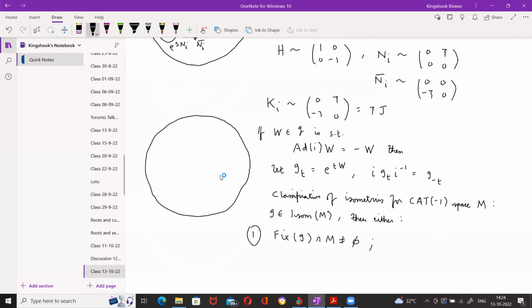Then we say G is elliptic. So this is like the classification of isometries of H2, right?